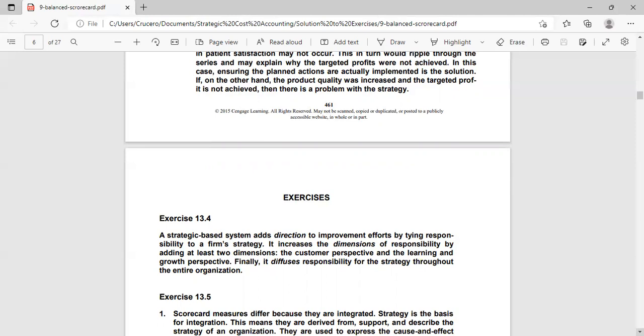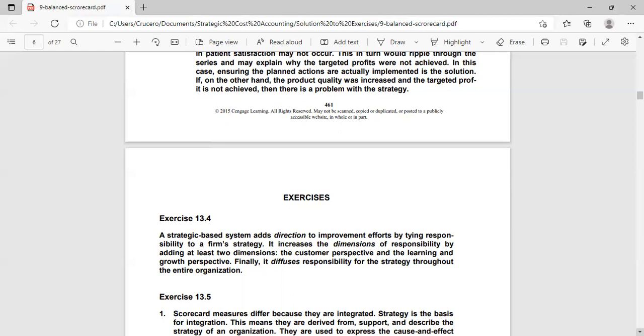Responsibility in a strategic-based performance management system differs in the three Ds: direction, dimension, and diffusion. Explain how this comment describes differences in responsibility between an activity-based and a strategic-based system.